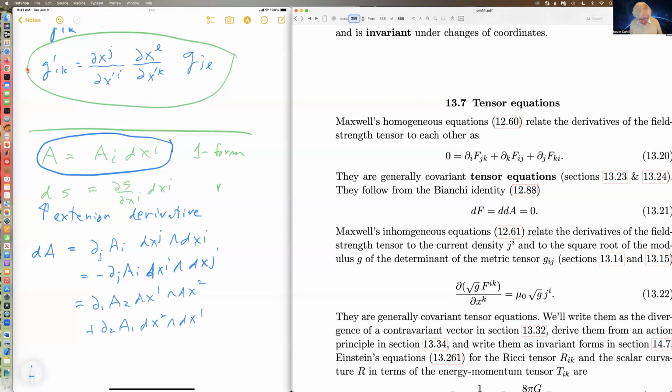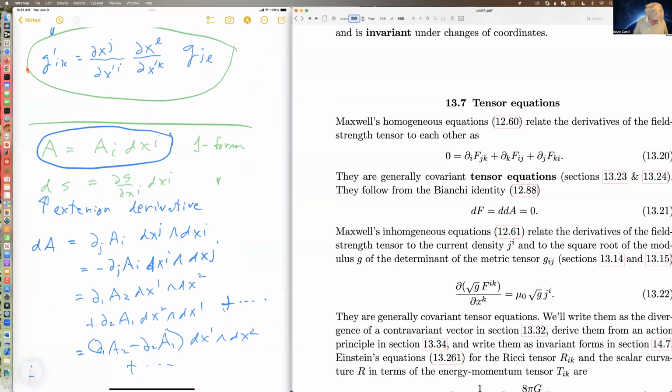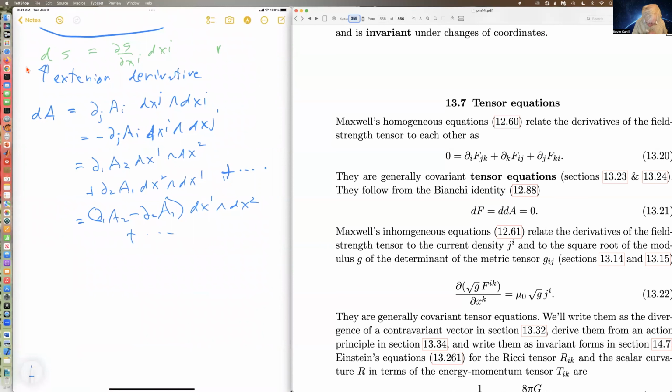But these wedges are anti-symmetric. So let me write plus dot, dot, dot. So then this is d1A2 minus d2A1 times dx1 wedge dx2 plus other stuff. And what you see is that this is the Maxwell tensor Fik dx1 wedge... Oh, I'm sorry.